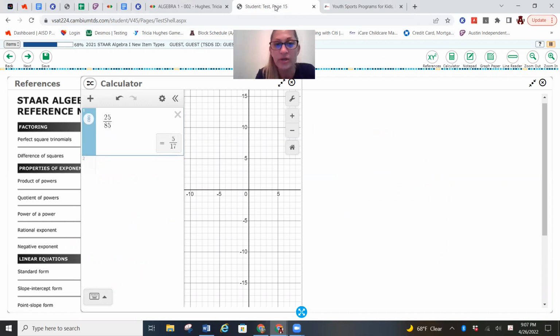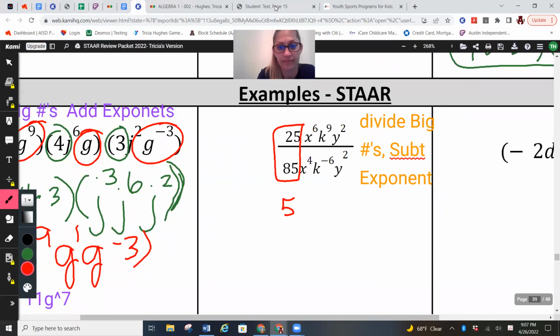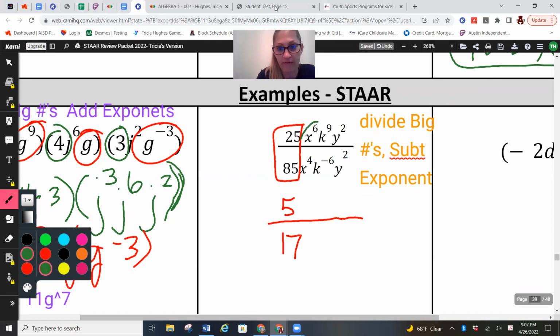Press the circle. Just call it 5 over 17. You're just reducing. We have x's. We're going to subtract. 6 minus 4 is 2. There are more x's on the top, so the answer must be on the top.